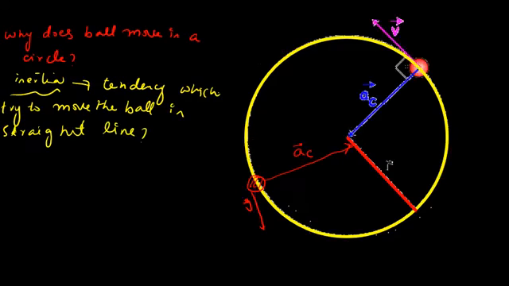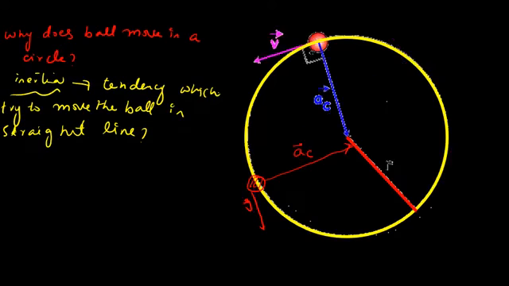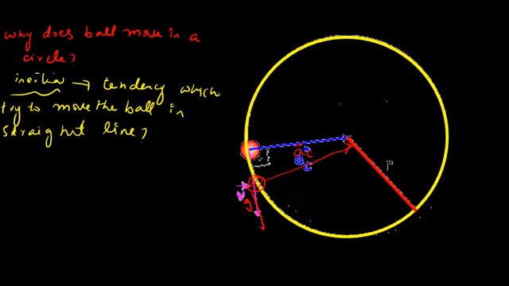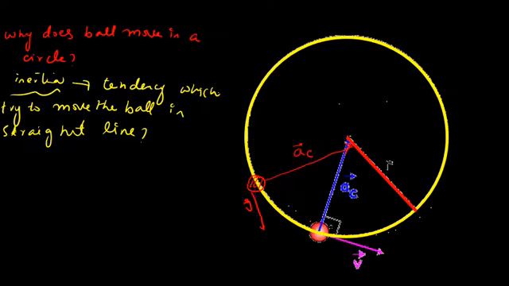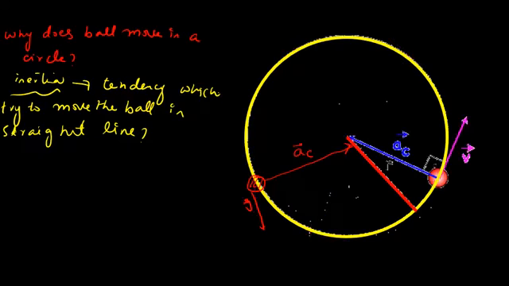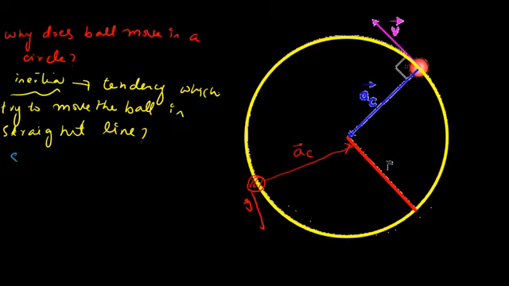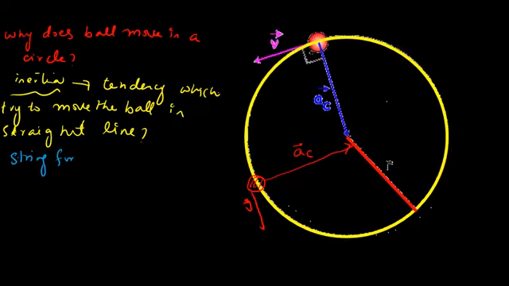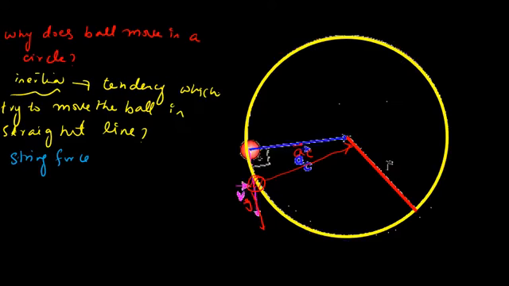Now, what compels the ball to move in a circle, although the inertia of the ball tries to move it in a straight line? The answer is the string force, the force exerted by the string to which this ball is tied.